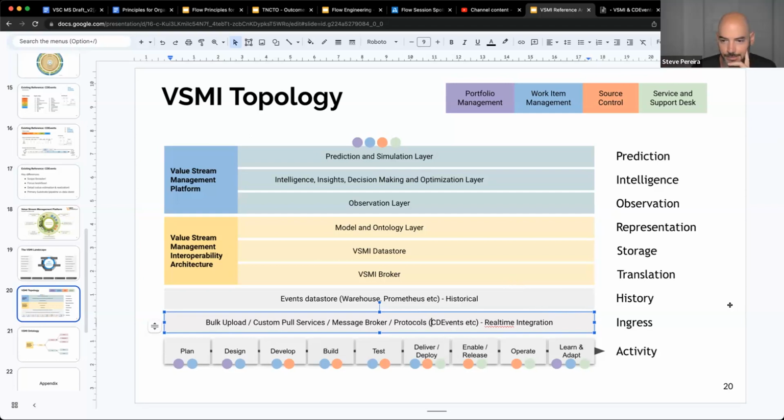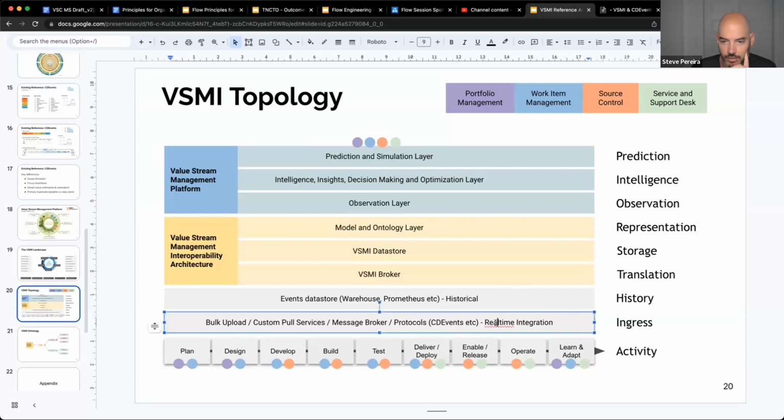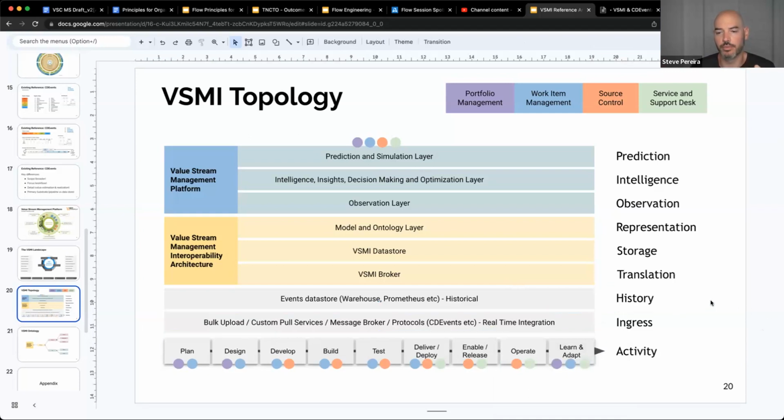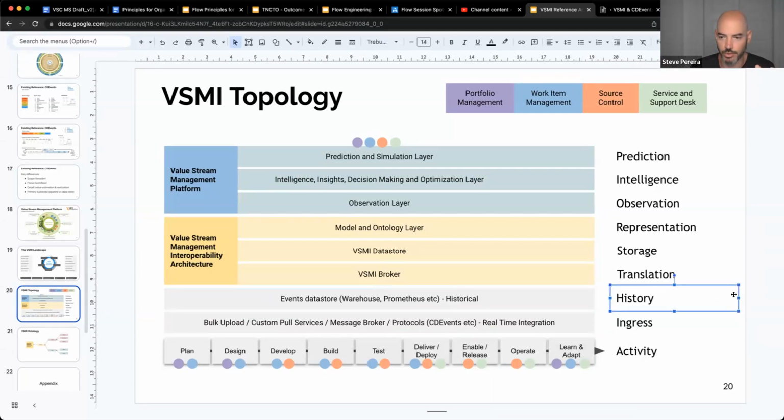Okay. And then we recognize historical content as well because of the possibility of ingestion from a data store, which may end up being our primary source, but we don't know.